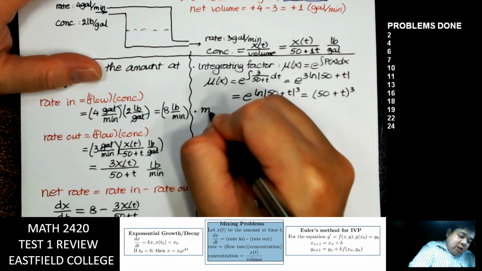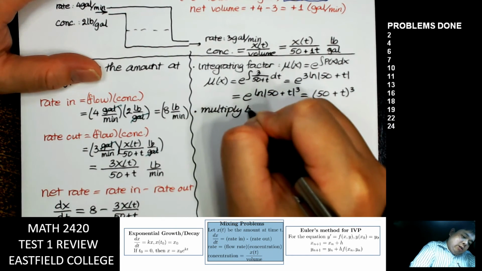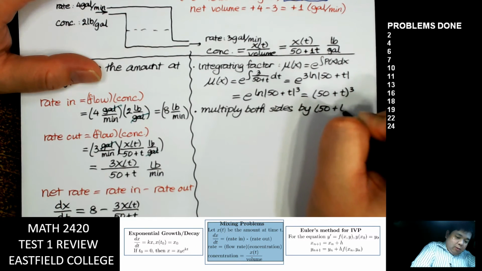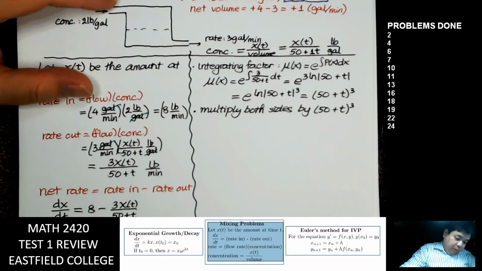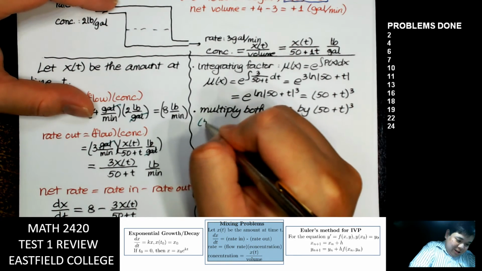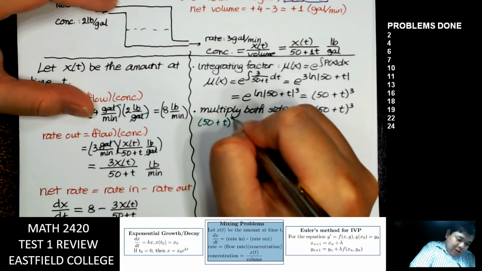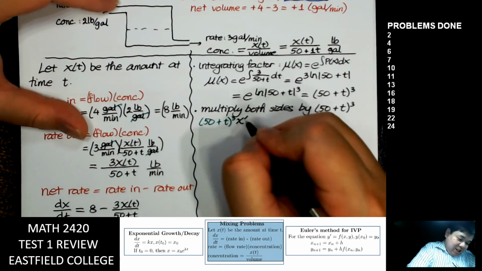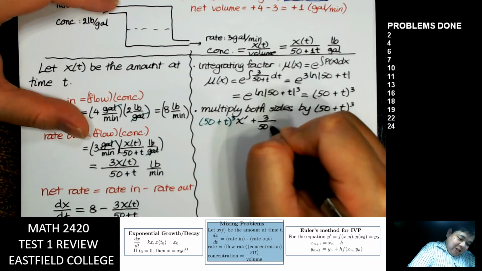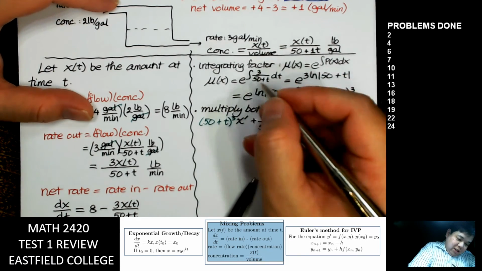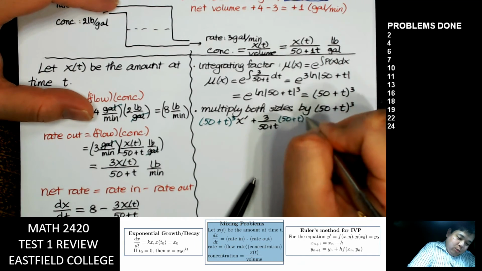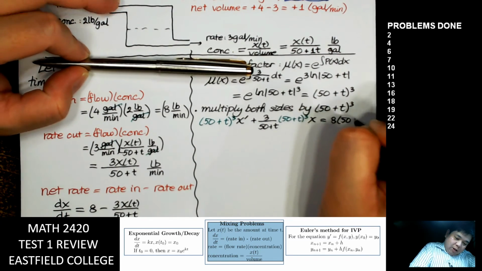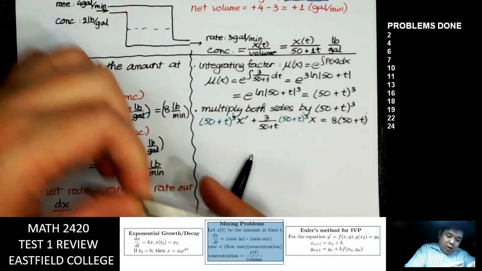We multiply that on both sides. I hope we have enough space for this problem. 50 plus t cubed times x prime, I write x prime just to save some space, plus 50 plus t cubed x equals 8 times 50 plus t cubed.